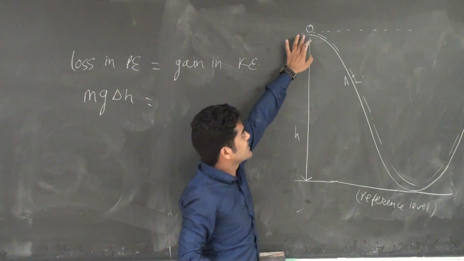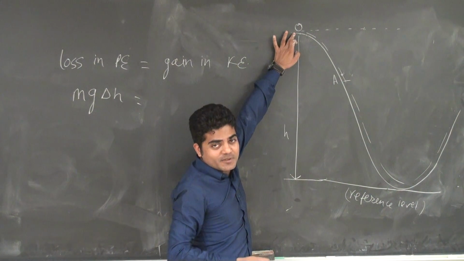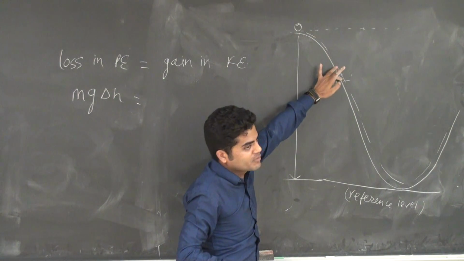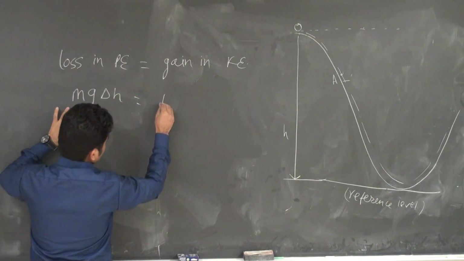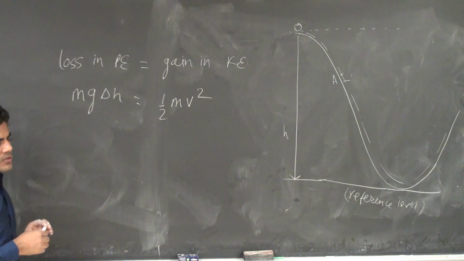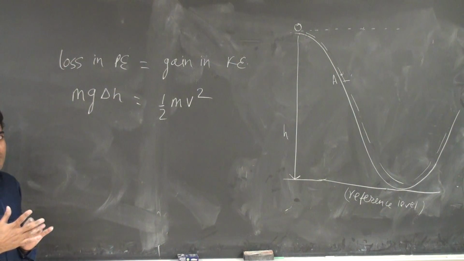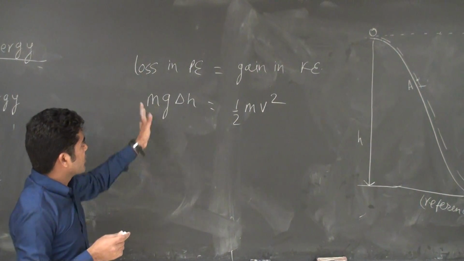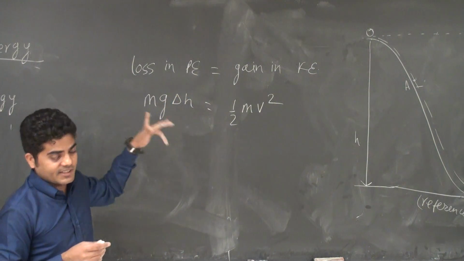At the start the velocity is 0, and then the object gains kinetic energy because the velocity increases. So we can say mg del S equals half mv squared. Another important thing is that we are neglecting friction forces and other dissipating forces like heat, so the loss in potential energy is equal to the gain in kinetic energy in this case.